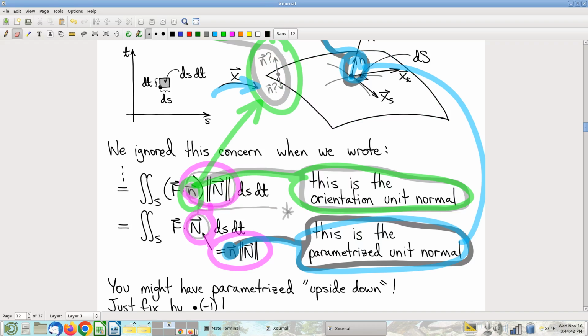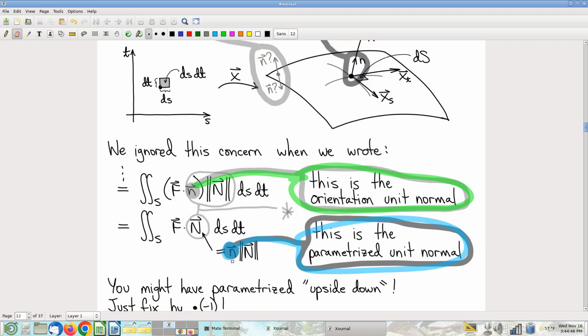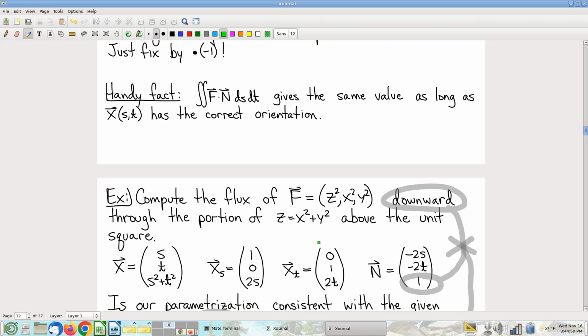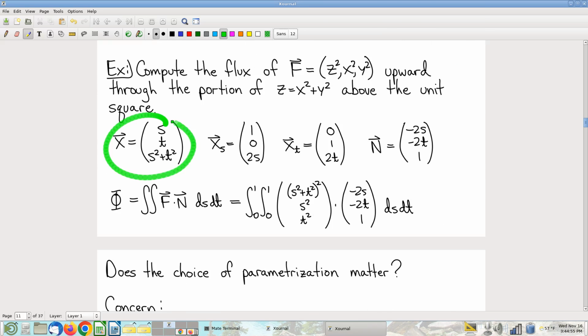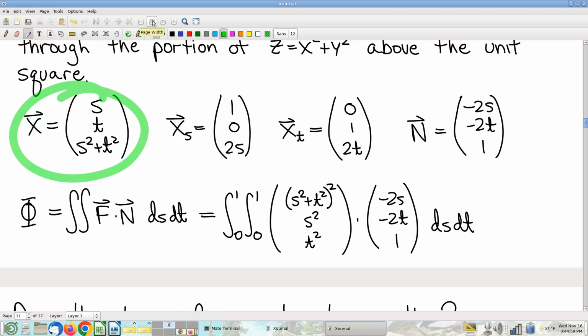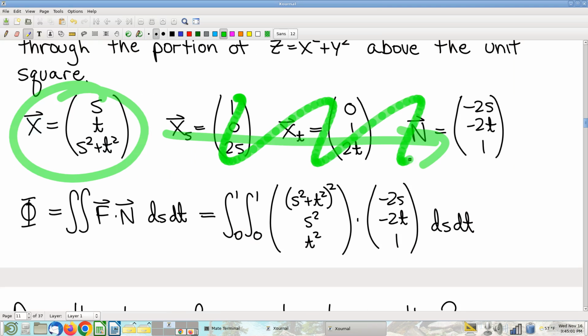Now it's tempting to say, well, when you write down your parameterization, just make sure to orient correctly. And the problem there is, when you write down a parameterization, at a glance, just looking at this formula for the parameterization, in what way is it clear whether this is up or down?